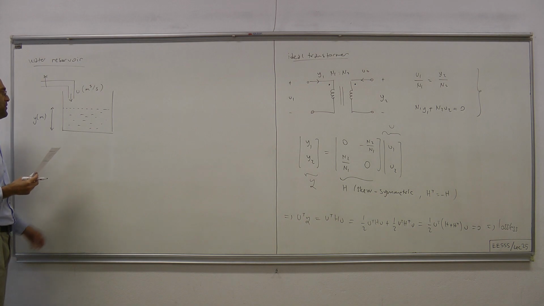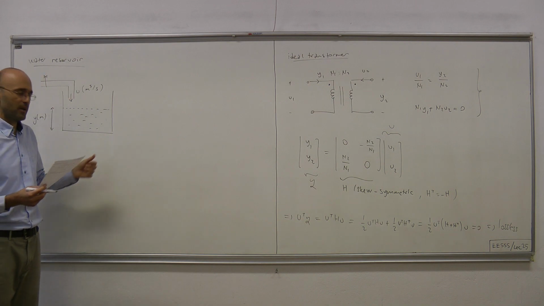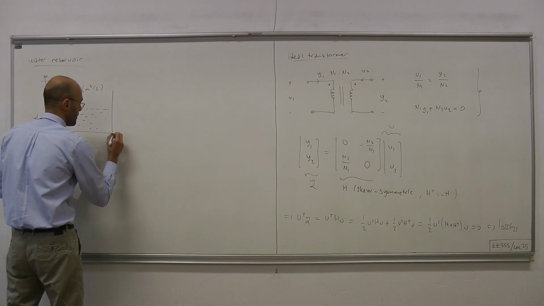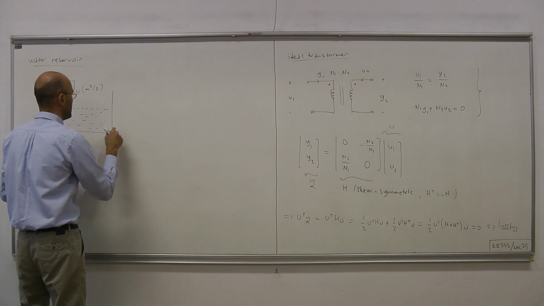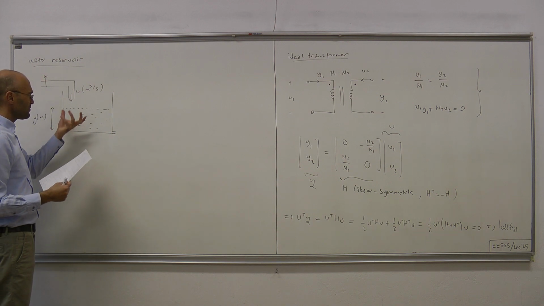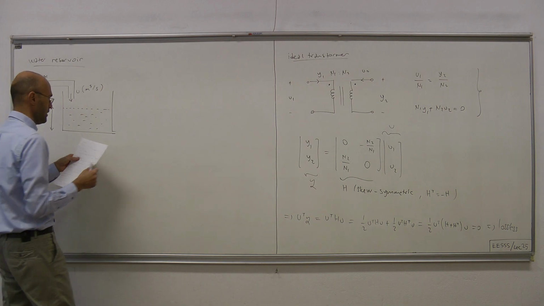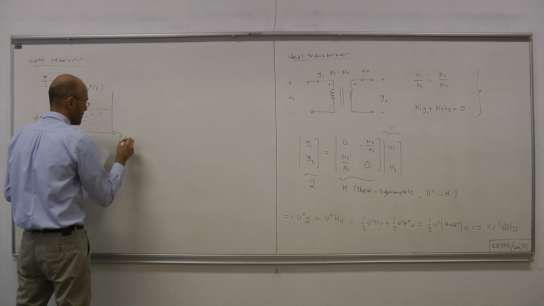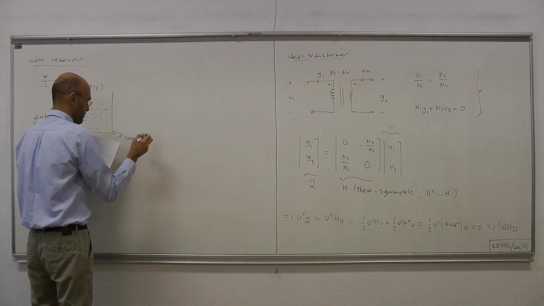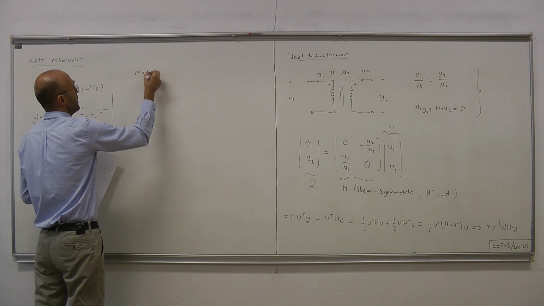Now this is not a perfect container. It's flawed, and its flaw is that it leaks. So there is some leakage. Because of that leakage, if you wait, you keep losing the water that you store in the container. This is leakage.